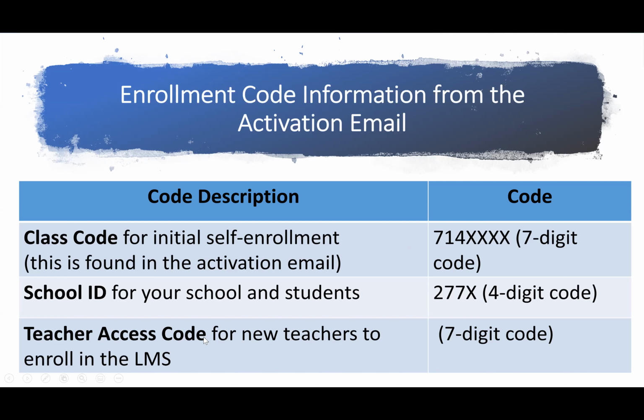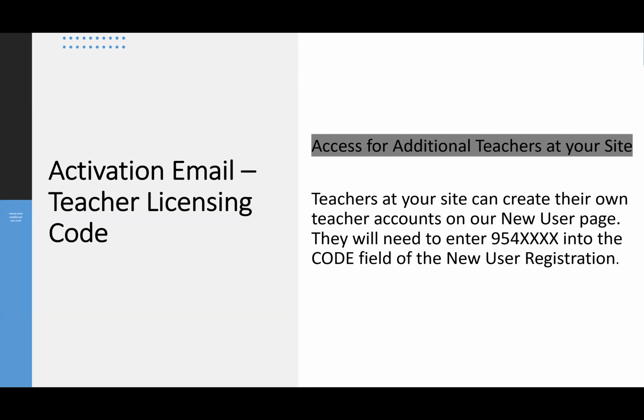And then you'll also have a teacher access code. So this is going to be a code that you'll use for, again, to enroll individual teachers. And we'll go over that in just a minute. This is basically what the activation email looks like. So you're going to see each of these areas highlighted on your individual activation email that you receive.